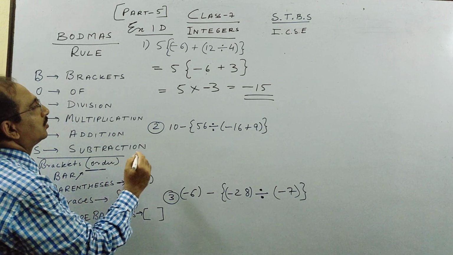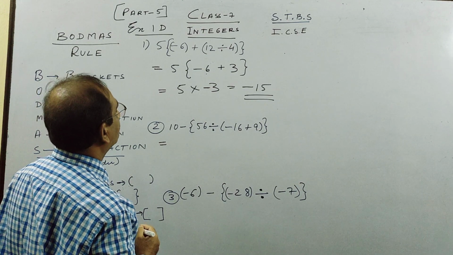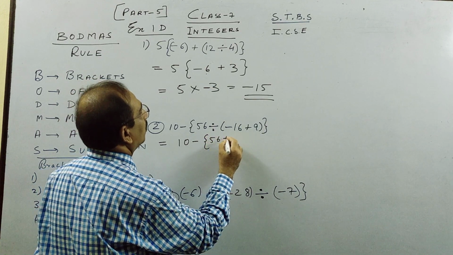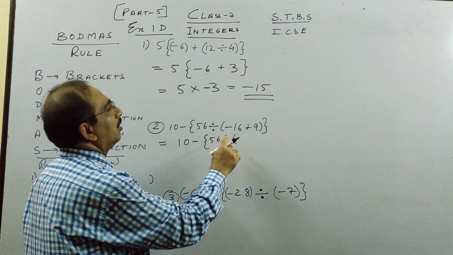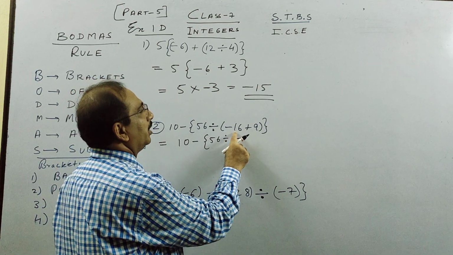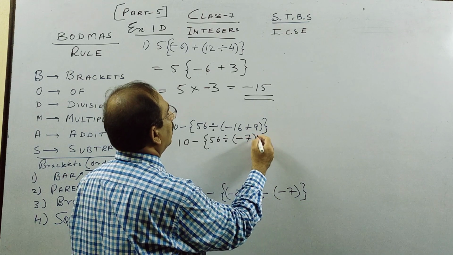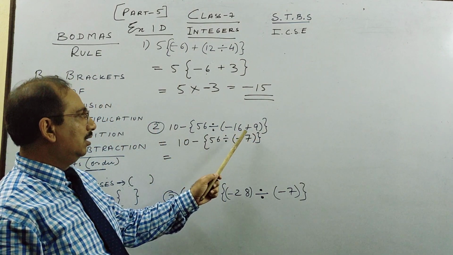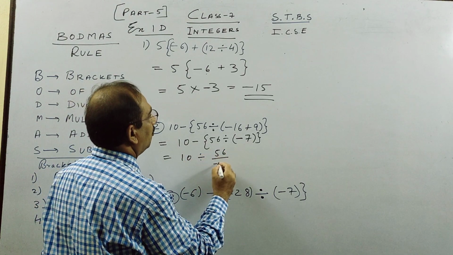Okay, so the next question we see is this 10. Here also we do the small bracket first. Minus 16 plus 9 will be minus 7, children, because the bigger one is minus. So bigger minus smaller, and you put the sign of the larger. So here we have 10 minus 56 divided by minus 7.